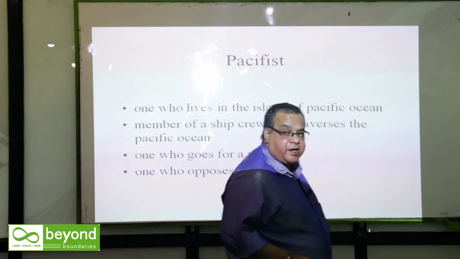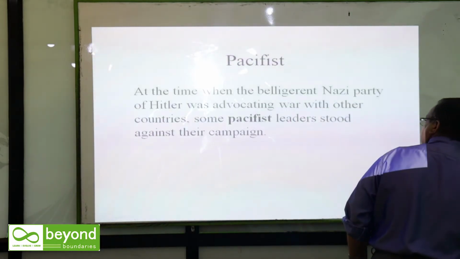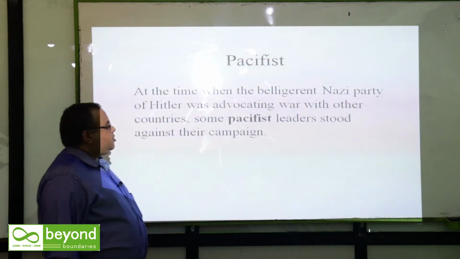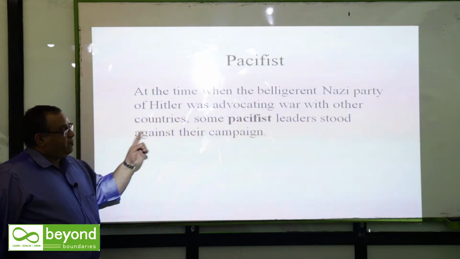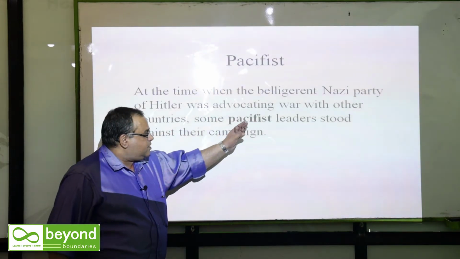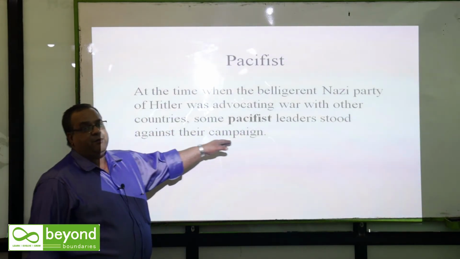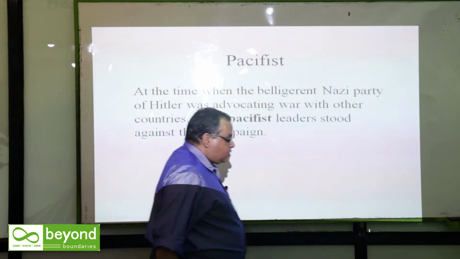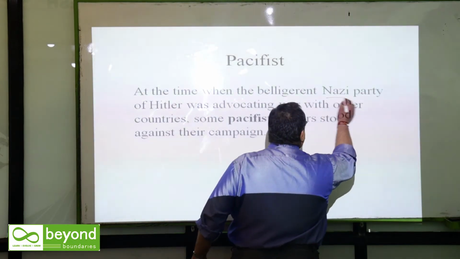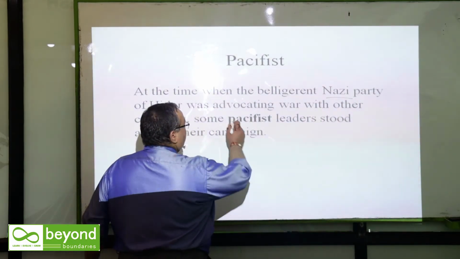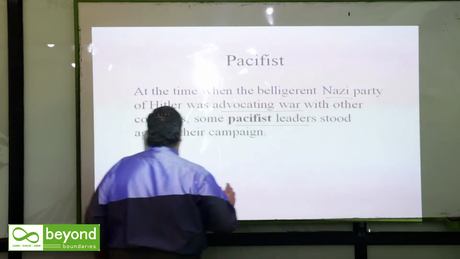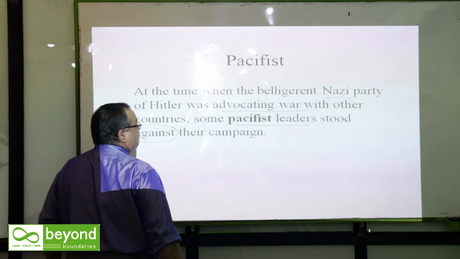But when I talk about contextual clues, this is how it works. Look at this short text. At the time when the belligerent Nazi party of Hitler was advocating war with other countries, some pacifist leaders stood against their campaign. What are the clues that you get from this short text? What was the Nazi party doing, Hitler's party? It was promoting war. But what were the pacifist leaders doing? They were against it.